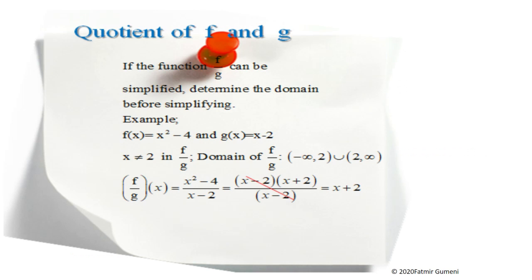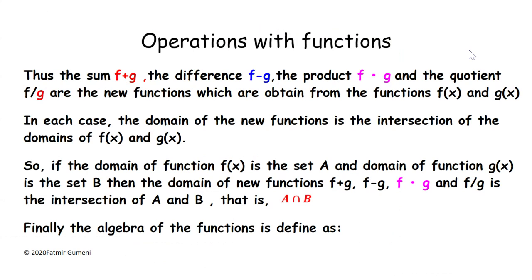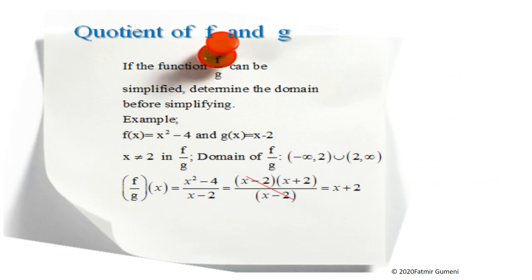Quotient of f and g. If the function f divided by g can be simplified, determine the domain before simplifying. Example. f of x equal x squared minus 4 and g of x equal x minus 2. x not equal to 2 in g.